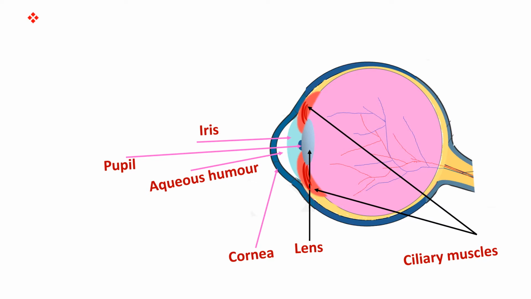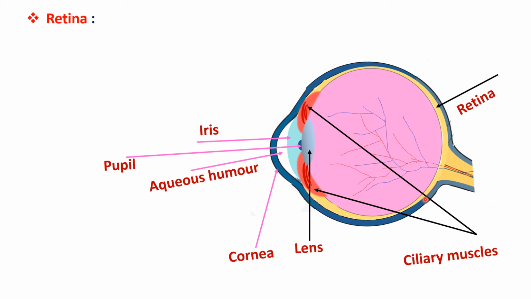Next, retina. It is a light sensitive layer. See here, this one. This one is the retina, on which the eye lens forms images.